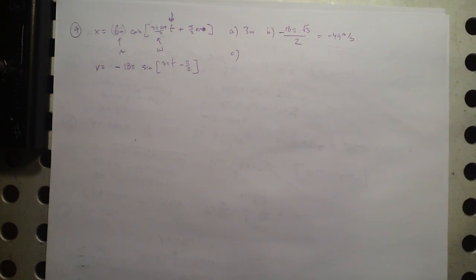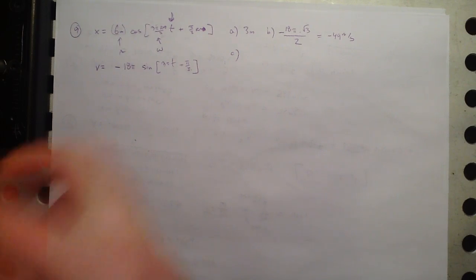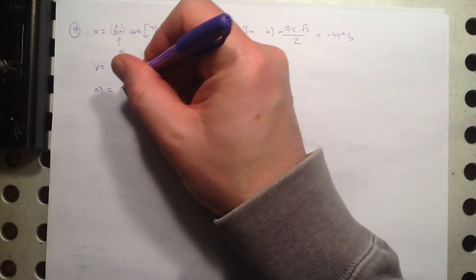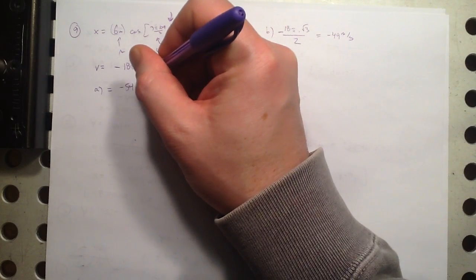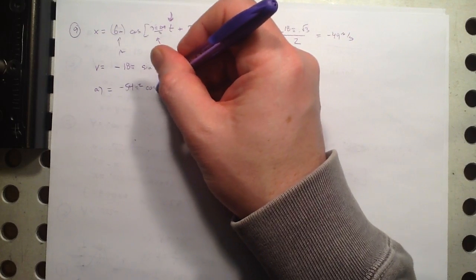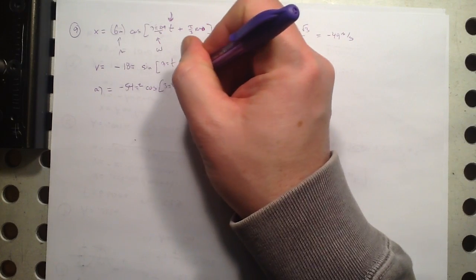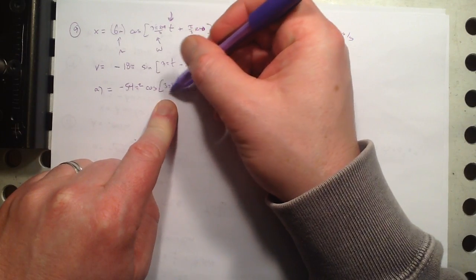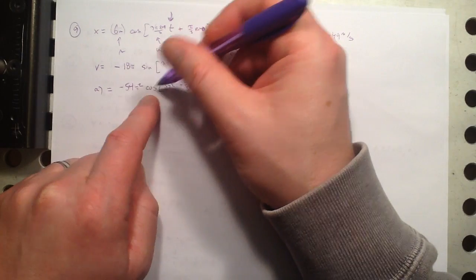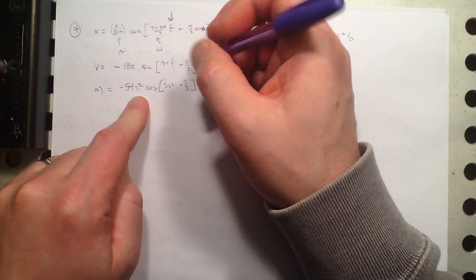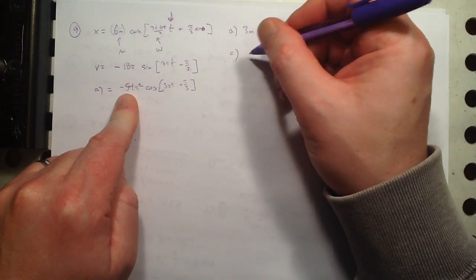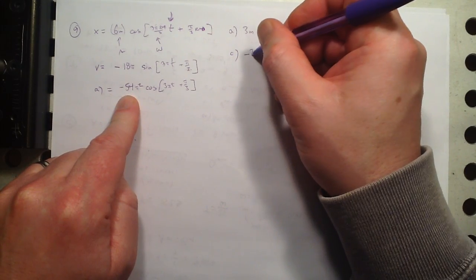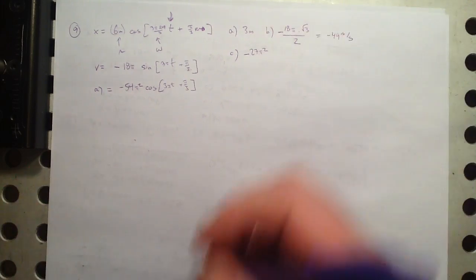Part C is the acceleration. So another 3 pi is going to come out. That gives me negative 54 pi squared times the cosine of 3 pi t plus pi over 3. Once again, plugging in 2 here, that's just 6 pi, so that's the same as cosine of pi over 3, which is 1/2. So that acceleration is going to be 1/2 of this coefficient, negative 27 pi squared.